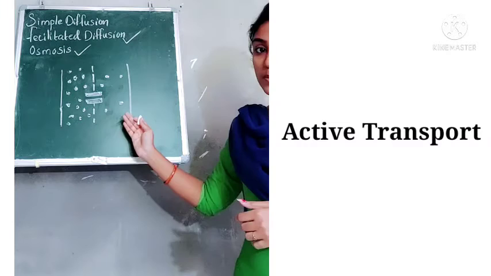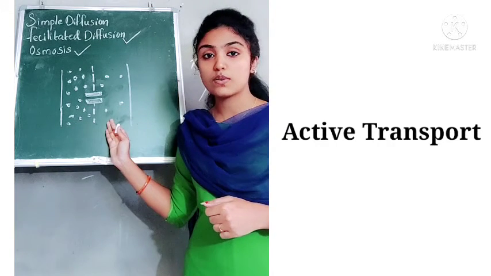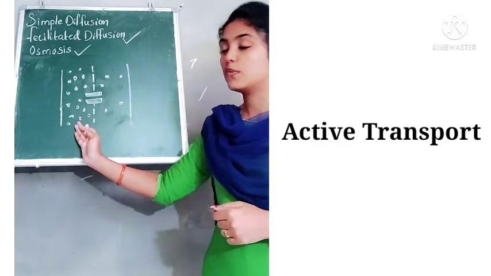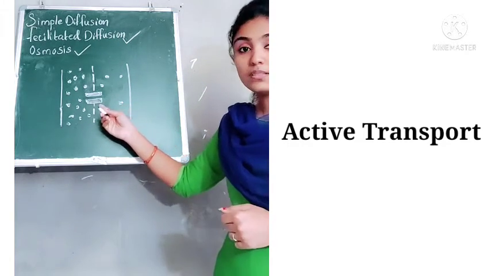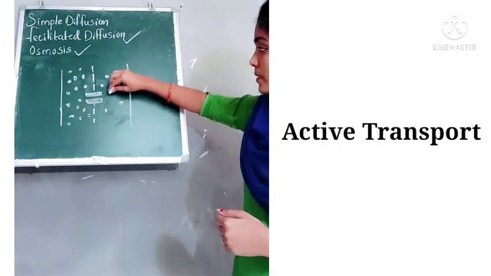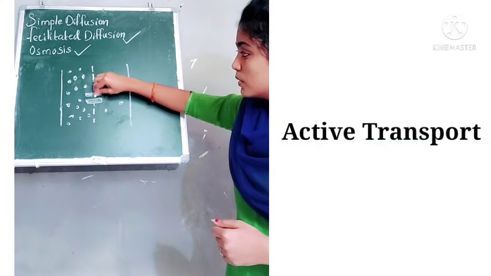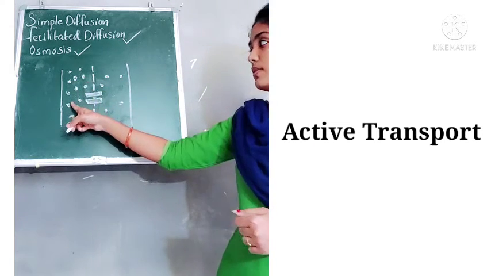In active transport, the molecules always move from the region of lower concentration to the region of higher concentration. So there will be a carrier protein, and these molecules will move through this pathway into the region of higher concentration.